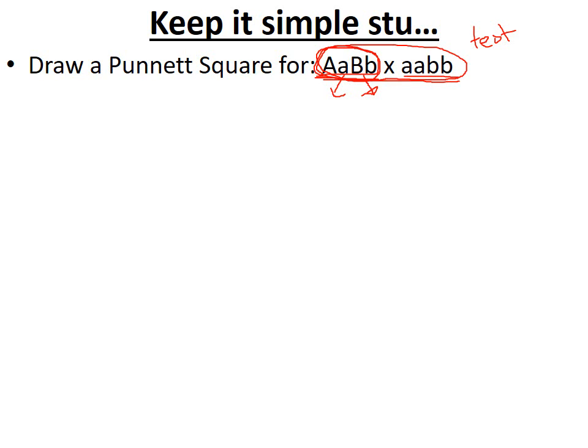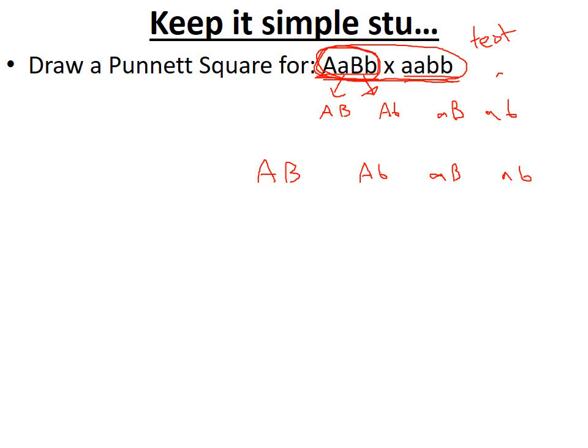But just to show you how to do this Punnett square, like I said, Punnett squares are usually 4 by 4, so 16 for dihybrid. But take a look at this carefully. The gametes for big A, little a, big B, little b are going to be big A, big B, big A, little b, little a, big B, little a, little b. And so you make your square and you put those gametes on top. And then you figure out the gametes for your other parent.